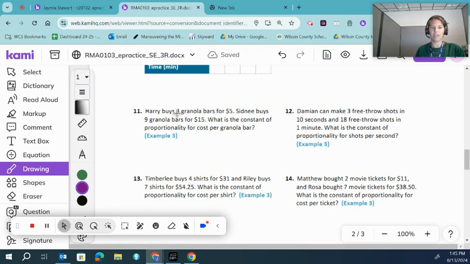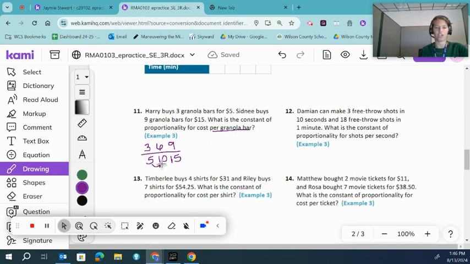So we have 3 granola bars for $5. 9 granola bars for $15. We could also fill in a table here. 6 granola bars for $10. Now this is asking for the constant of proportionality per granola bar, okay? Which means granola bars is actually going to go on bottom.